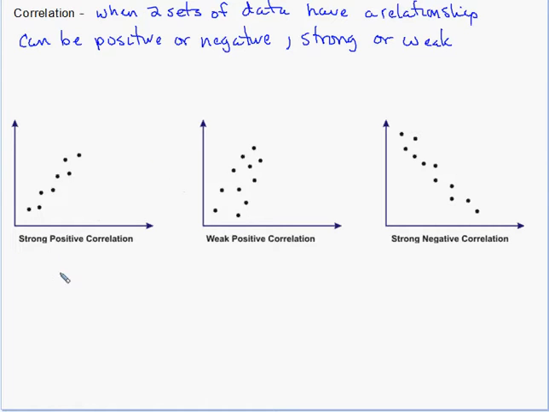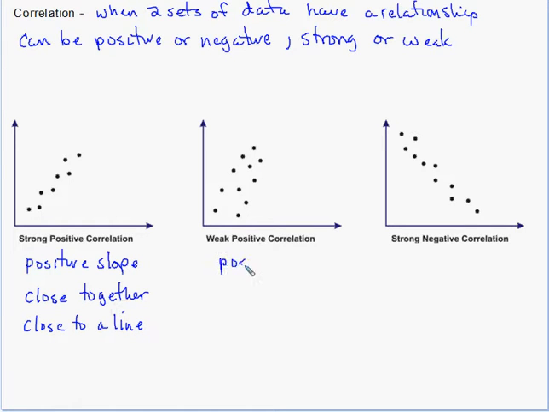Okay, so we have a positive slope. We're going up, that's why it's positive. And the dots are close together, and close to a line. Here we have a positive slope, and we can see that it's making a line, but the dots are spread out more.